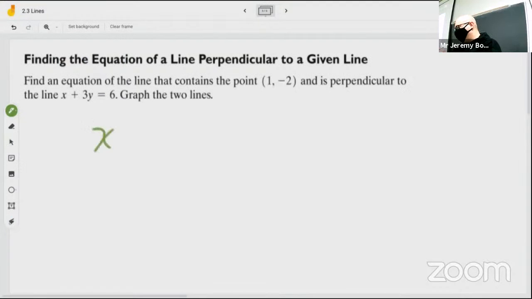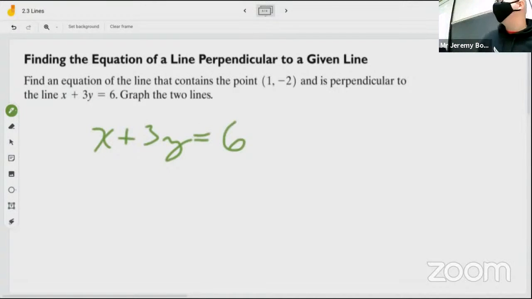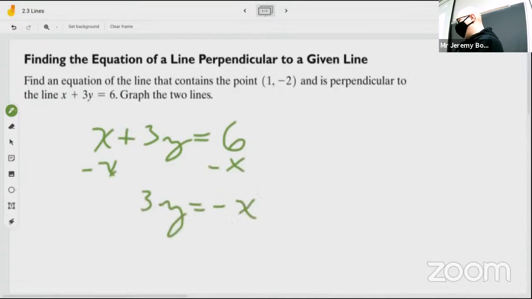So we have our original line, x plus 3y is equal to 6, and we want to find the slope of that line. What's going to be the slope of that line? We'll put it in slope-intercept form, which means I've got to solve for y. So subtract x from both sides. You get 3y is equal to -x plus 6. And we're going to divide by 3. I'm going to do this in parts right now.